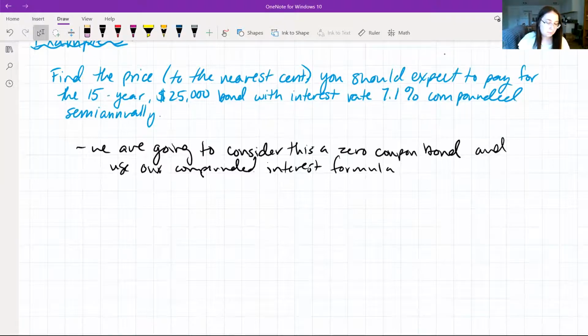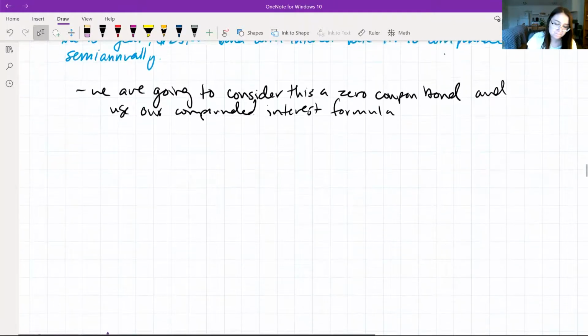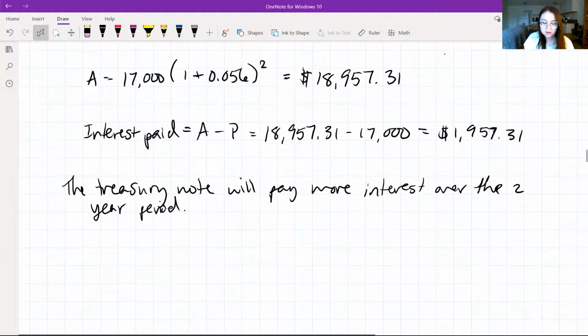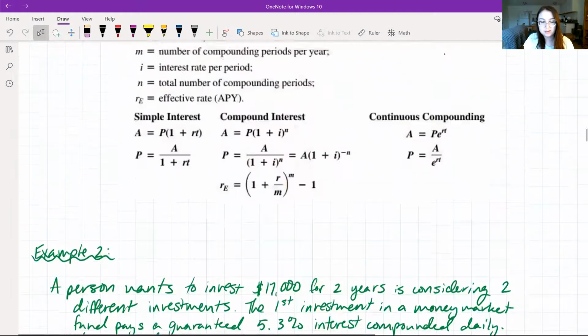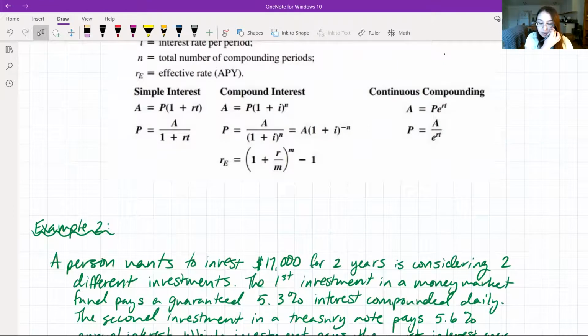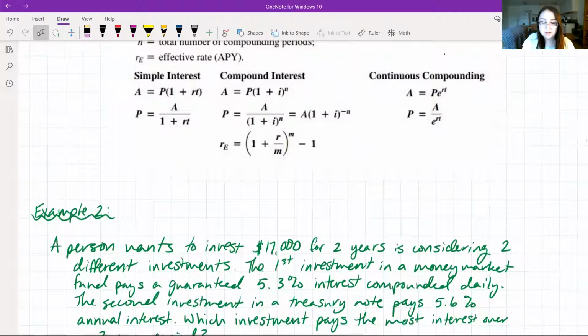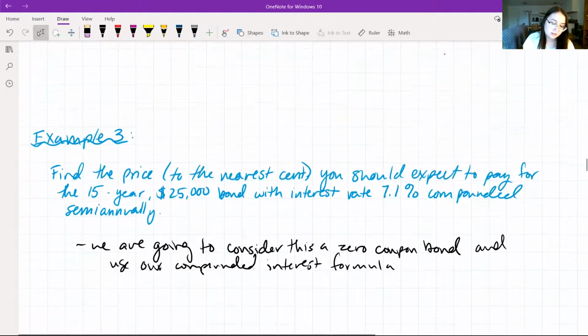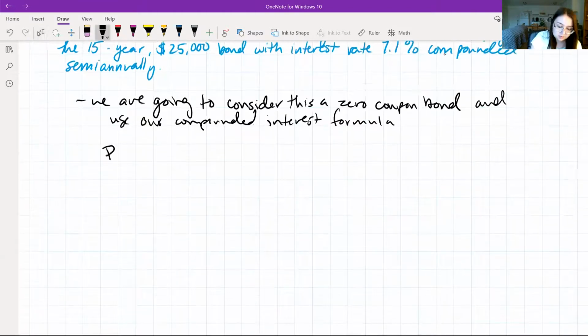So we know to find our present value would be to say P is equal to A divided by (1 + i) to the power of n. So we don't know what P is.